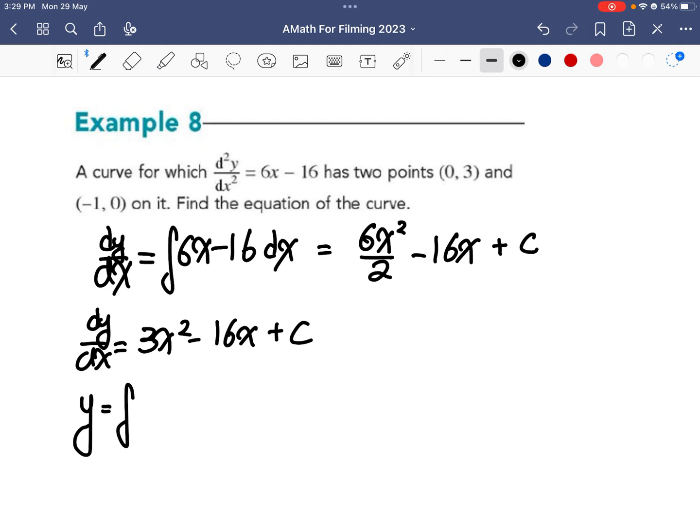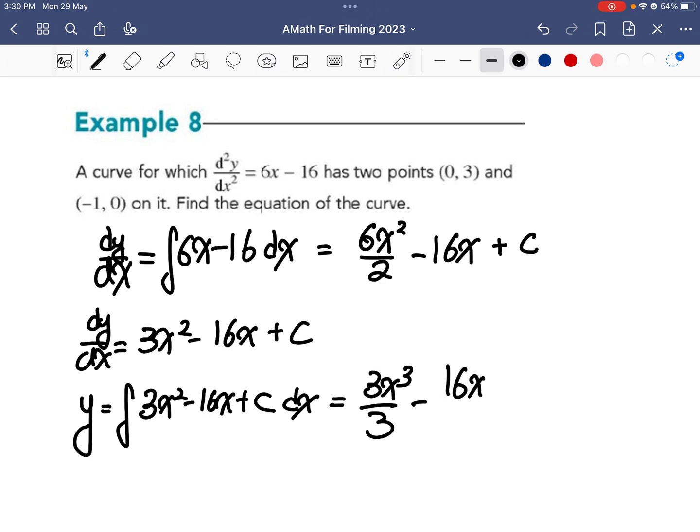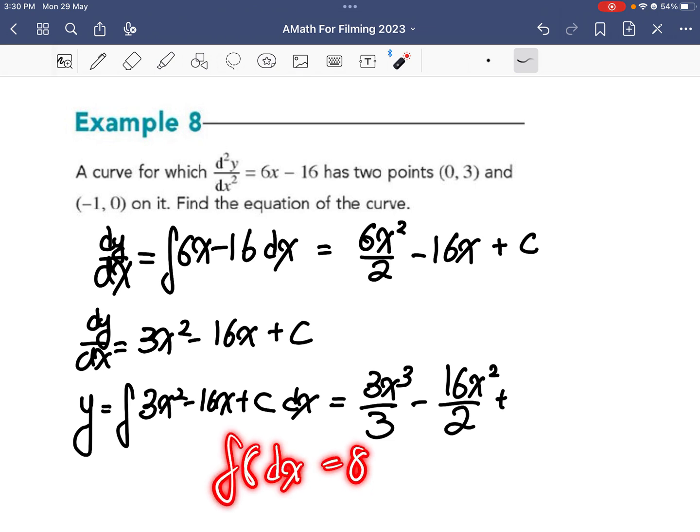If I integrate one more time, y equals the integral of 3x squared minus 16x plus c with respect to x. So what I get is 3x cubed over 3, 16x squared over 2, plus, here is something that you have to take note of. c is a number.